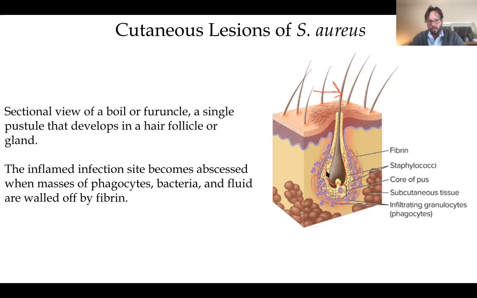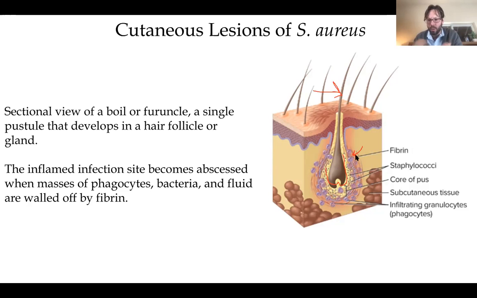And then what becomes problematic is that if you also remember when we were talking about how the body responds to microbial invasion, it starts building this wall of fibrin around that whole infected site. It's good because it walls off the invaders, it prevents them from spreading. But what happens is by walling that off, if the bacteria isn't completely controlled, now it will just continue to divide.